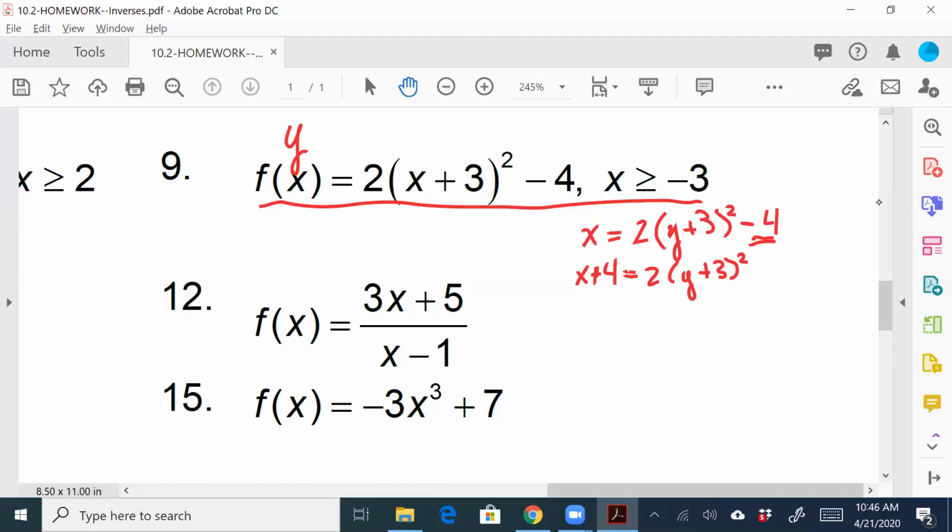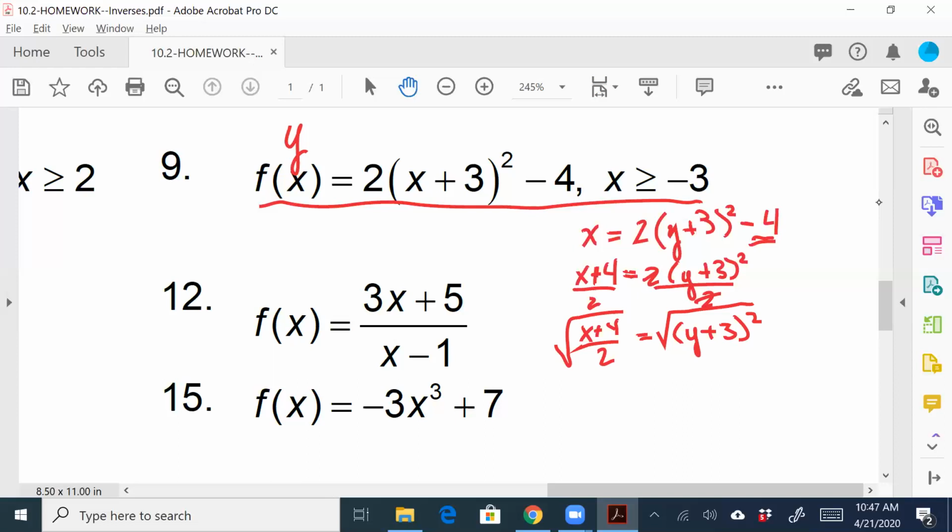Yes, excellent. So we take this side and this side, divide by 2. That cancels the 2. So then we've got x plus 4 over 2 is equal to y plus 3 squared. We then take the square root of both sides.